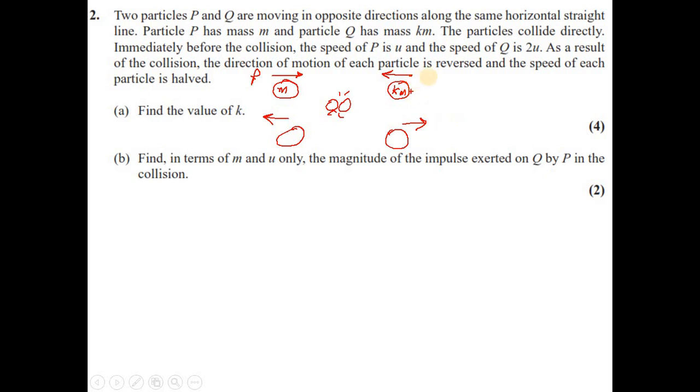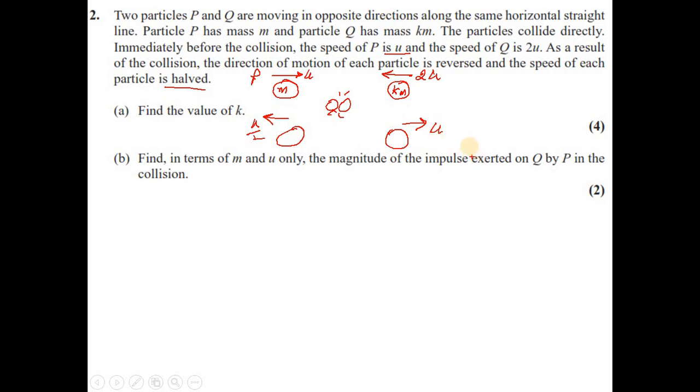The initial velocity of particle P before collision is u, and Q's is 2u. After collision, the speed of each particle is halved, so it will be u by 2 for P and u for Q.